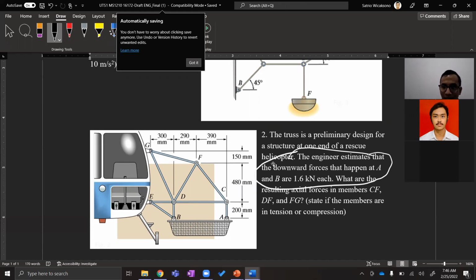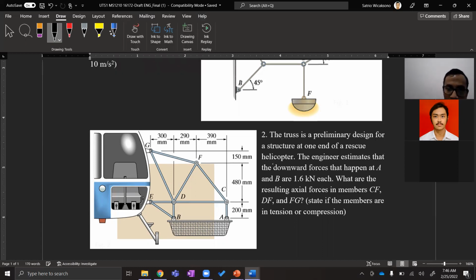The one that is in question is the axial force in the members CF, DF, and FG. I believe for this one you will be able to solve it.